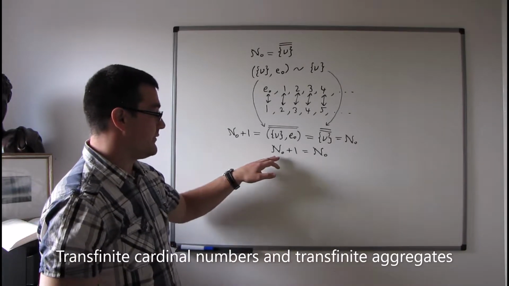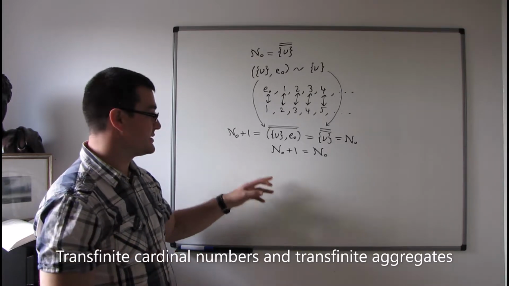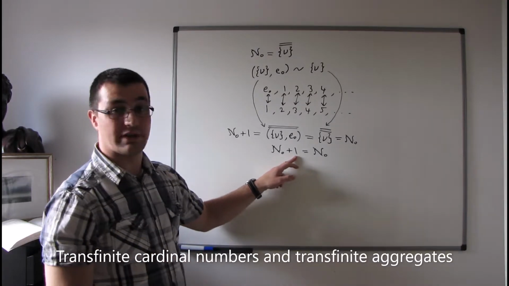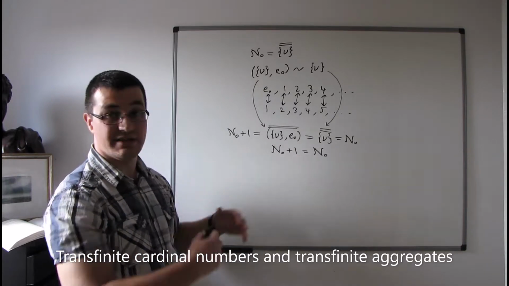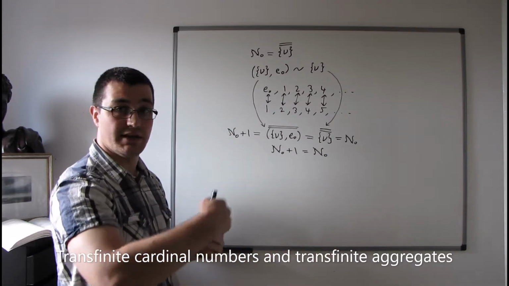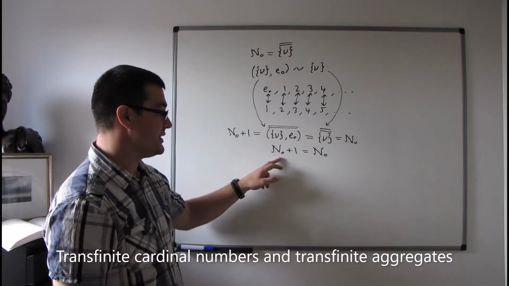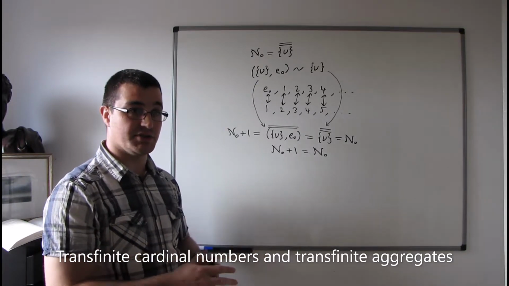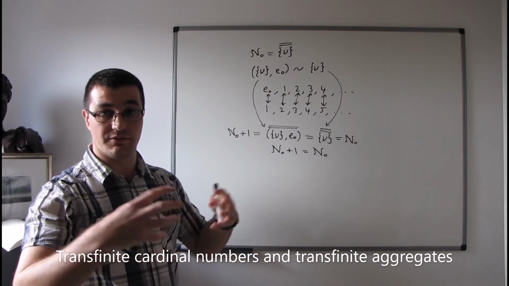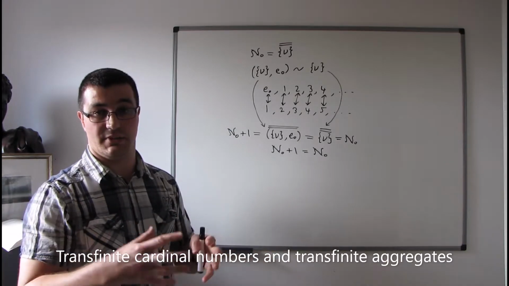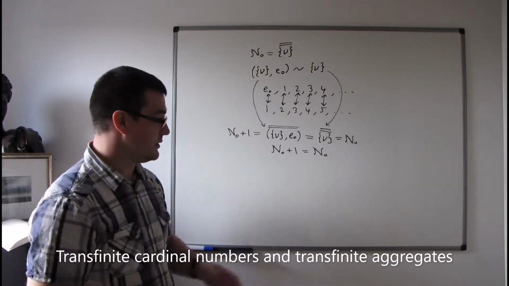Because if Aleph naught were finite, then Aleph naught plus 1 would have to be different to, this would effectively be the next number along in the sequence of finite cardinals. And as we've seen in the previous section, all the finite cardinals are different from all of the cardinals that they're not equal to.